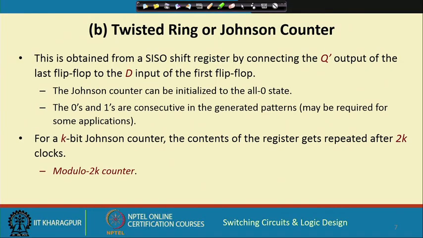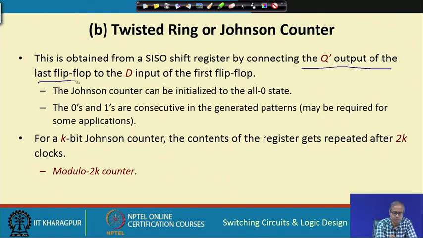This is the only change. This is called a twisted ring or Johnson counter.